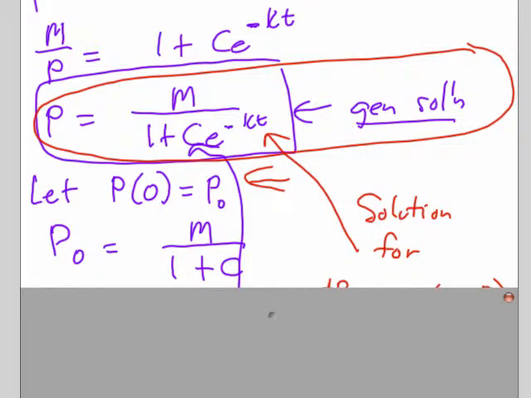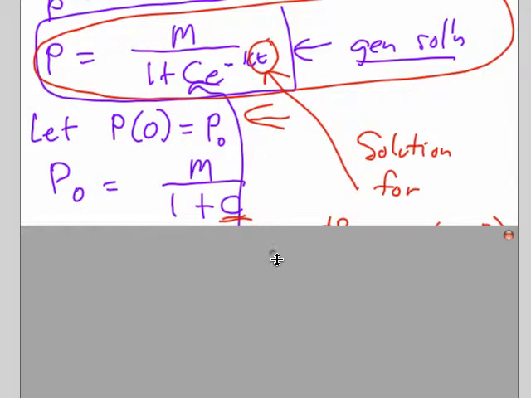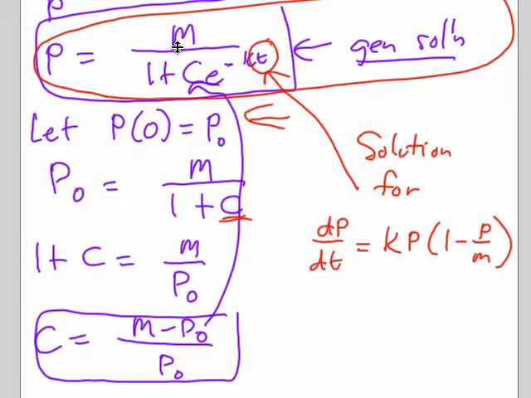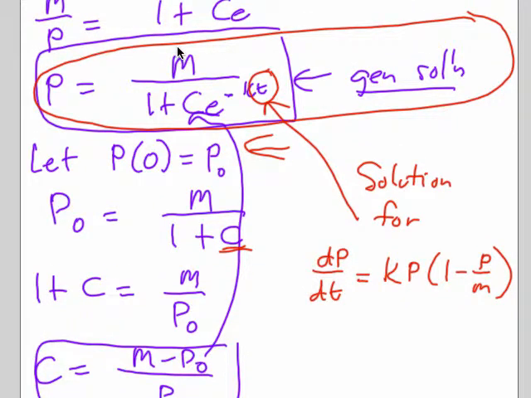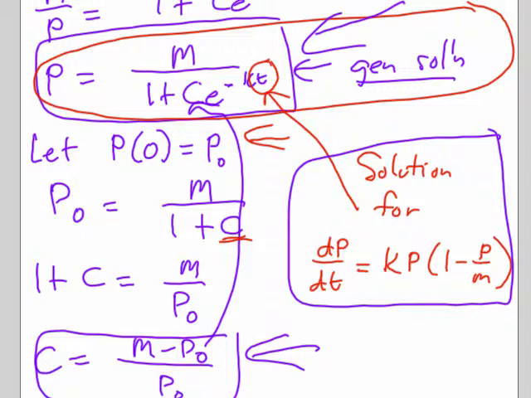P equals P naught, t equals 0, which makes the denominator just a constant of C. And then if I solve for C, follow all the work through, I'm going to get C to be the carrying capacity minus the initial population, all divided by the initial population. And so our solution to this differential equation is this equation where our arbitrary constant is as shown.